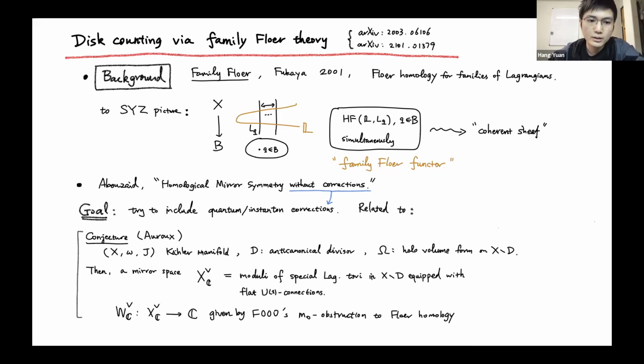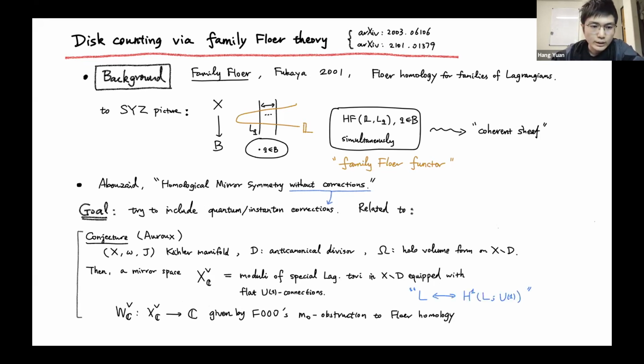Suppose we have a Kähler manifold, we have an anti-canonical divisor, and we have a holomorphic volume form on the complement of the divisor. Then the mirror space is supposed to be the moduli space of special Lagrangian tori equipped with flat U(1) connections. Moreover, we have a globally defined superpotential function given by Fukaya-Oh-Ohta-Ono's m0 obstruction to Floer homology.